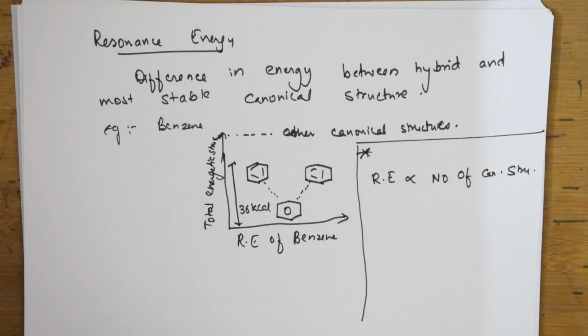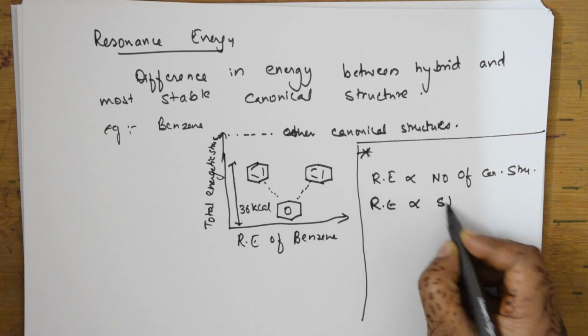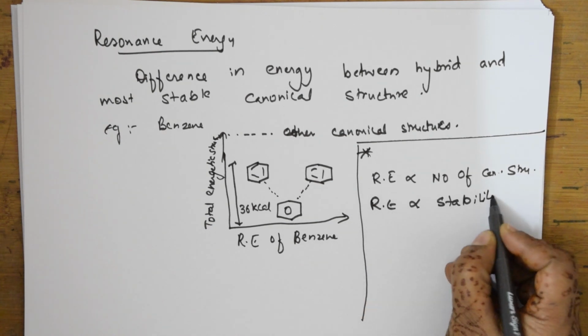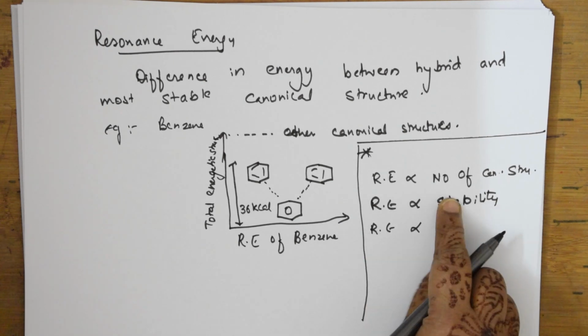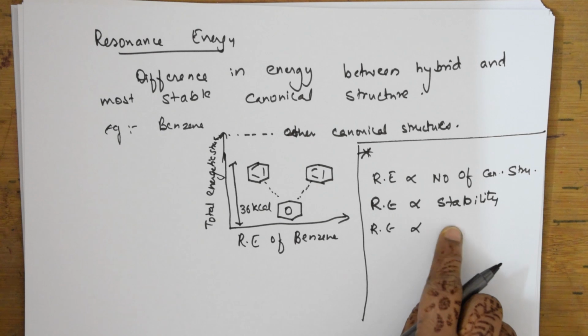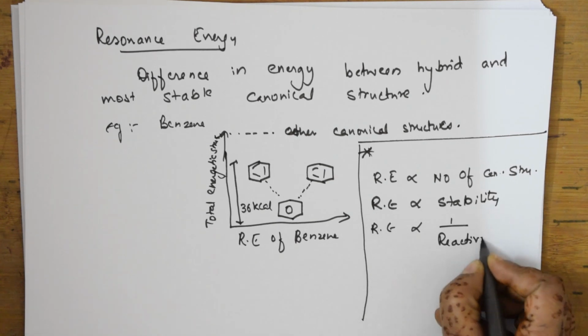First point. Next, resonance energy is directly proportional to stability. Second important thing you have to remember. I said directly related means it will be inversely related to reactivity, isn't it? Resonance energy is inversely related to reactivity.